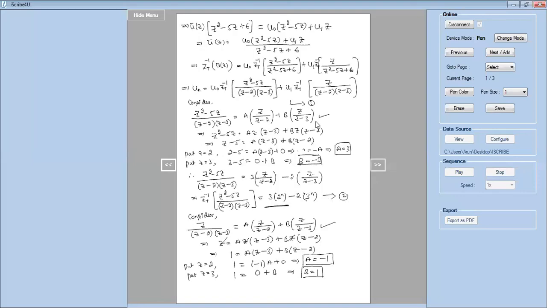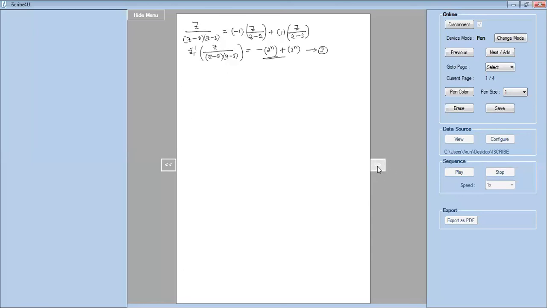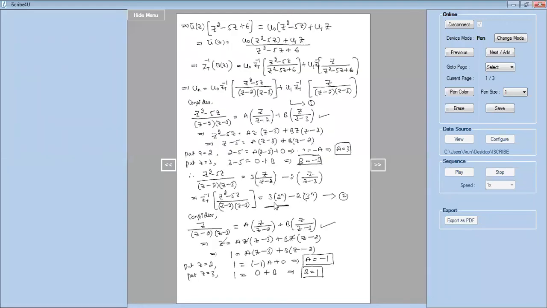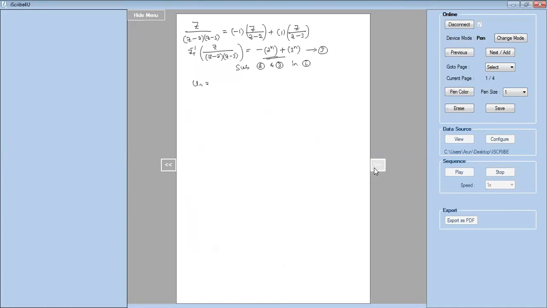So let us substitute equation 2 and the next equation 3 in 1. We get the final answer. Substituting 2 and 3 in 1, we get un equals. What is 2? So 2 is 3 into 2 power n minus 2 into 3 power n, correct?